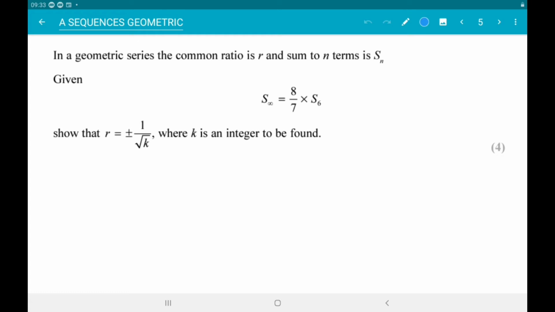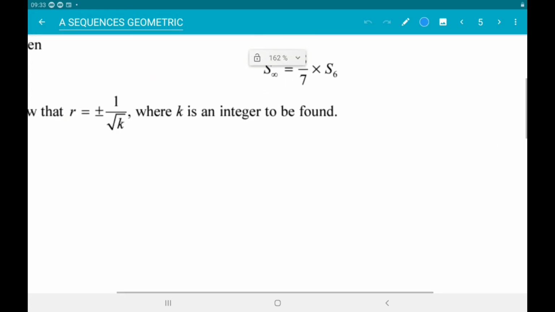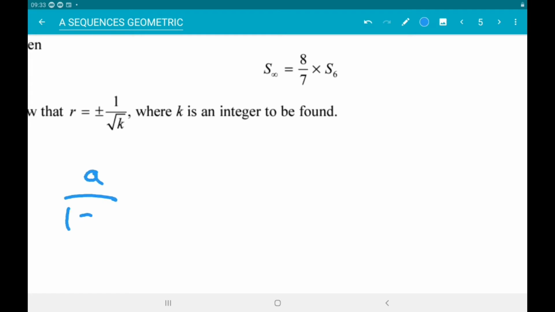So, the sum to infinity is a over 1 minus r. Now we know that is equal to 8/7 times the sum to 6.